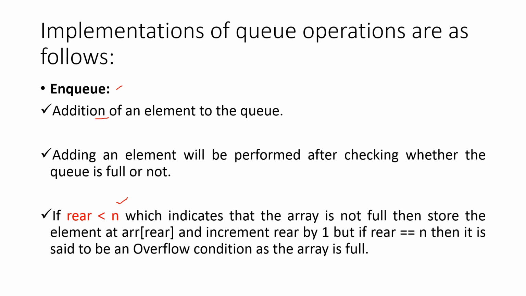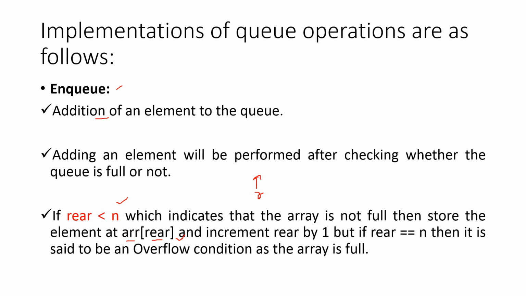If rear is less than n, which indicates that the array is not full, then store the element at ARR[rear]. ARR is the name of the array and rear is the last point where the element is going to be inserted, and increment the rear by 1. Suppose this is the last point of the queue and this was the rear point.